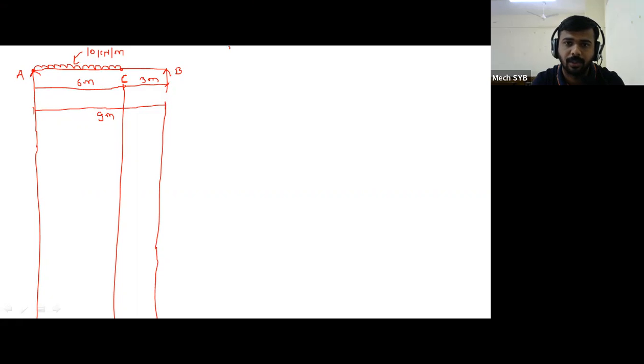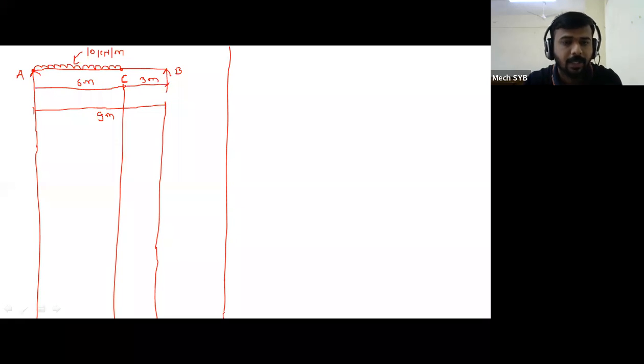So these are some projection lines. Like that, you have to draw in your notebook, leaving some space below the loading diagram, because you have to draw the SFD and BMD below it. So this is the figure in front of you.